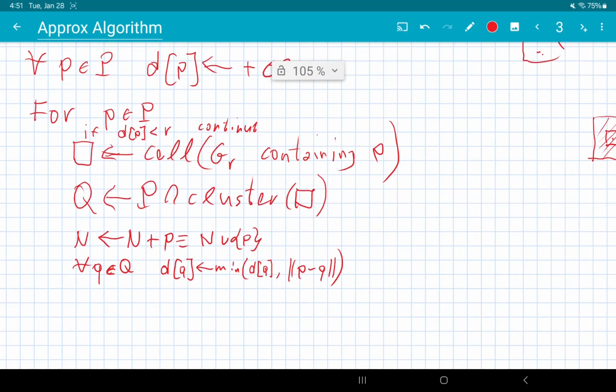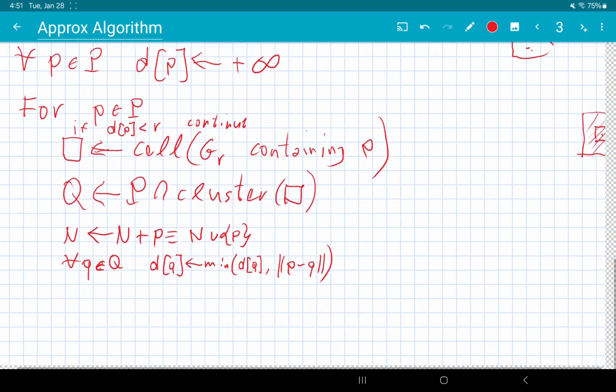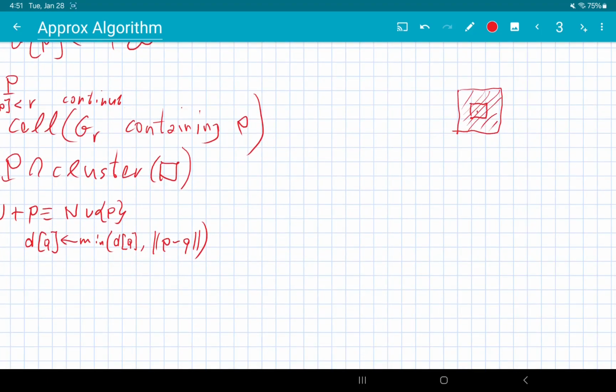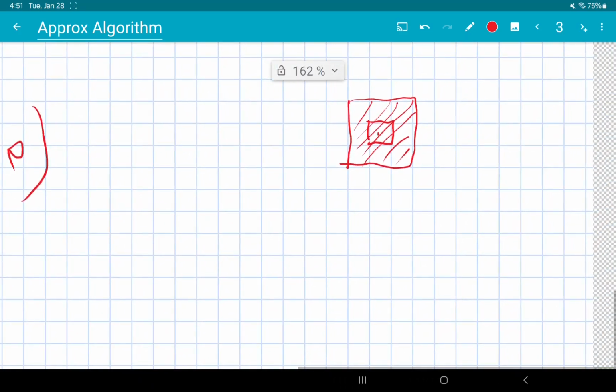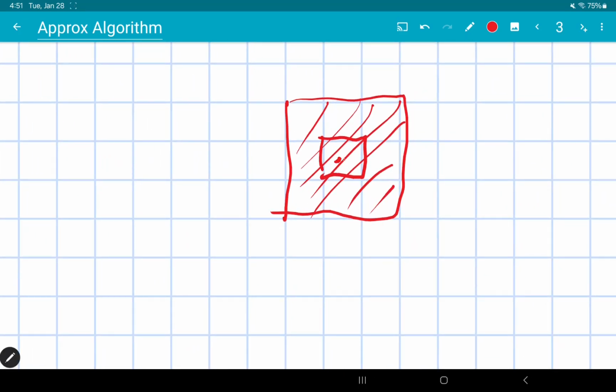We scan all the points. If the point is already covered, we move on to the next point. If it's not, we cover it, and we update all the points in its cluster that this point might be covering. Note that all the points outside the cluster of the point p are too far. If the point p is here, the distance between p and points outside the cluster is strictly larger than R. So even if p can cover them, we don't care.